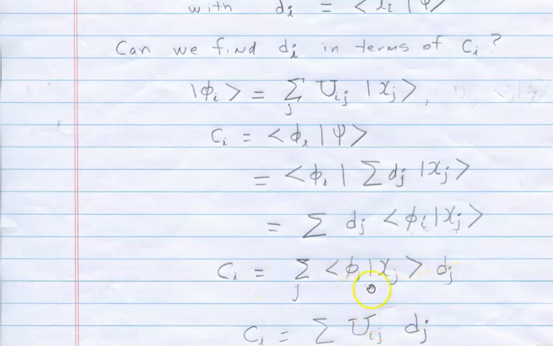These are just what I would call the u_ij's. And if I dot product this in with i, or with j, or with another basis set, I get these.